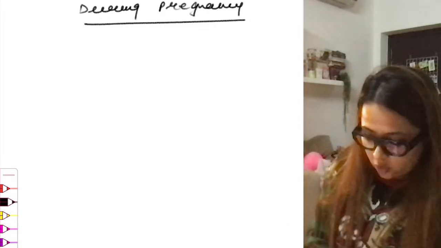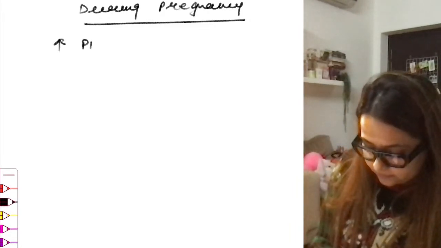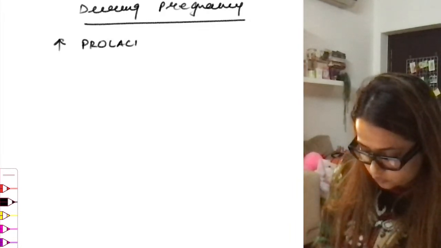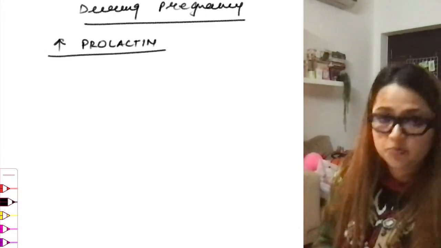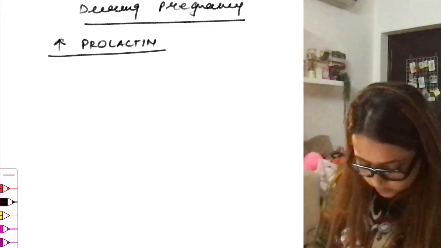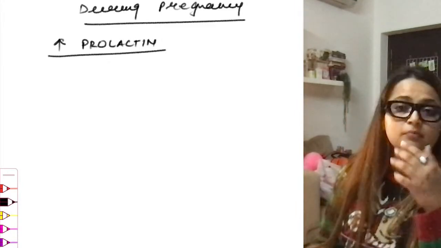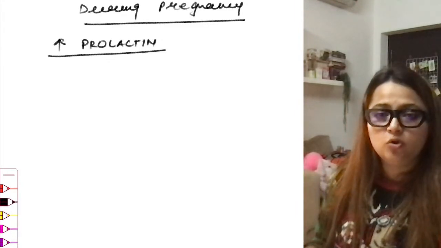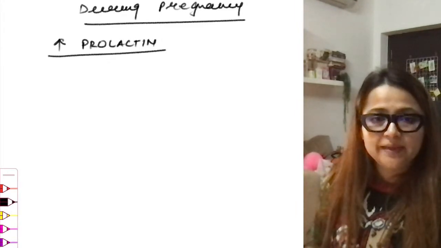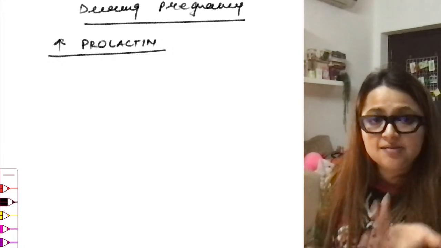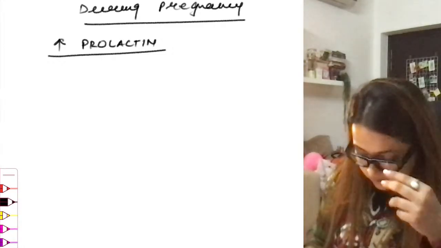Now, in order to increase the prolactin, what changes take place in the body? From where is prolactin coming? Anyone? We all know that Sheehan syndrome means pituitary necrosis, postpartum. But why does this happen? You should also understand this.